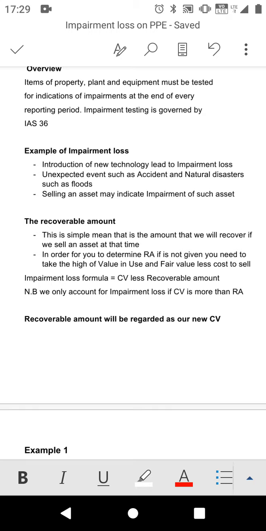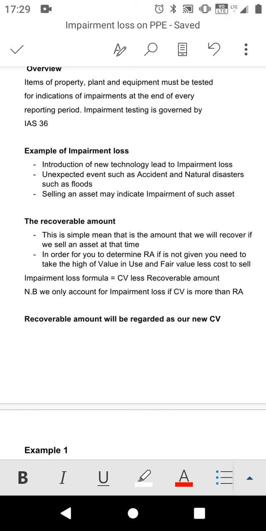Then the impairment formula states that we have to take the current value, which you know is cost minus accumulated depreciation. Then you subtract the recoverable amount. And you have to take note that we only account for impairment loss if the current value is more than the recoverable amount.